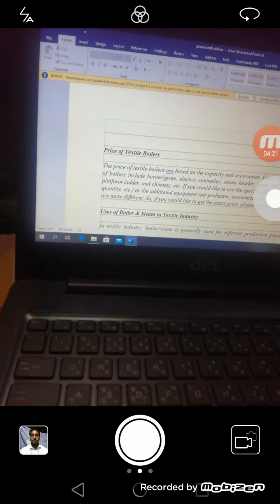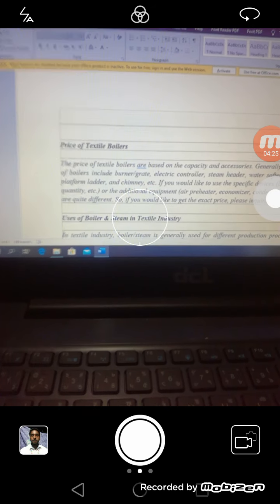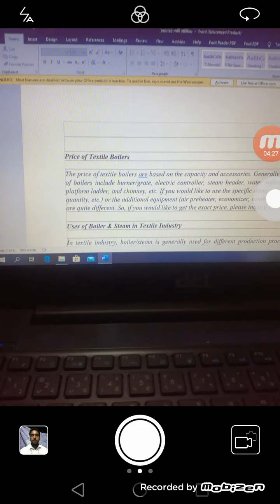Price of a textile boiler. The price of a textile boiler is based on capacity and accessories.